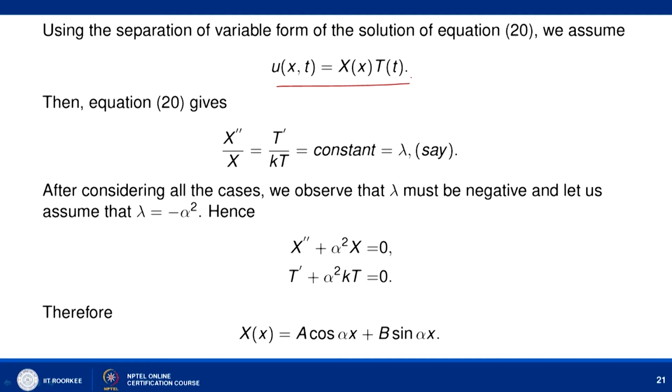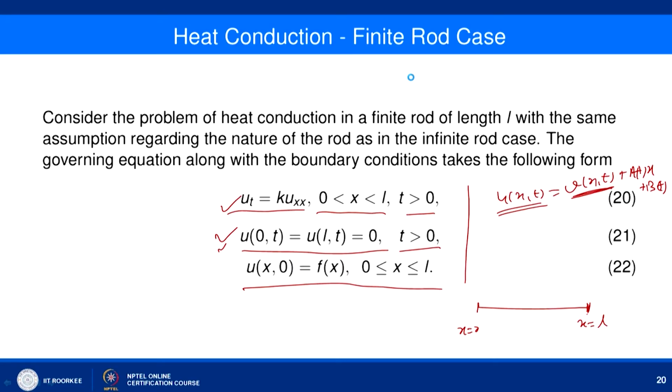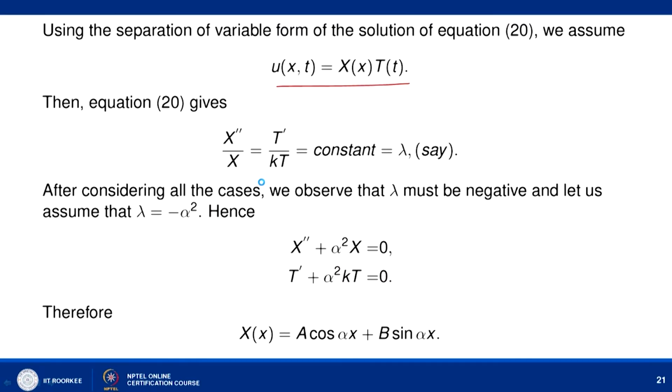Using this, we put our assumed form in equation number 20, and we can write this as X double dash upon X equal to T dash upon kT. Since this is a function of x and this is a function of t, they can be equal only when there is a constant value separating both equations. So we have X double dash upon X equal to lambda, equal to T dash upon kT equal to lambda.